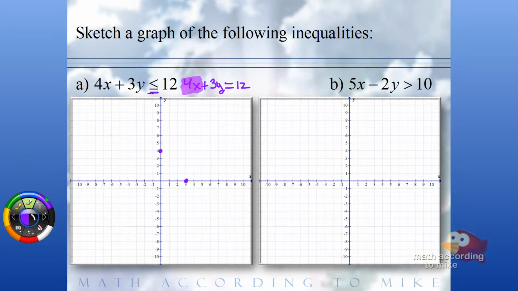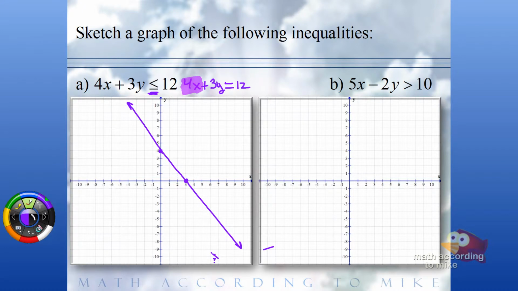Since there's an equal to sign here, we connect the dots. You should get used to labeling your equations.